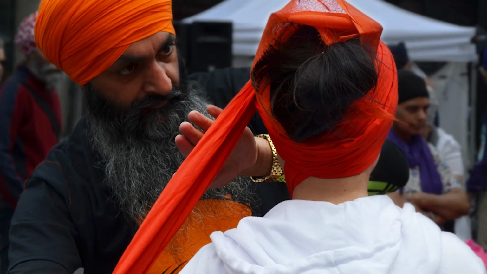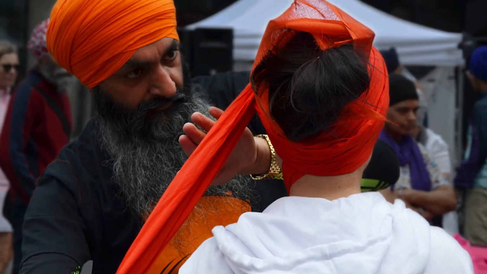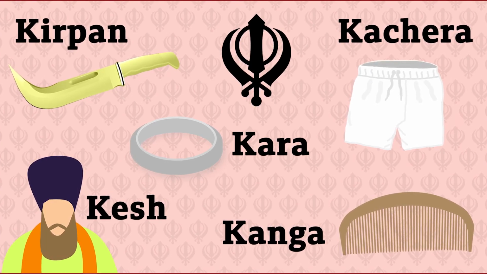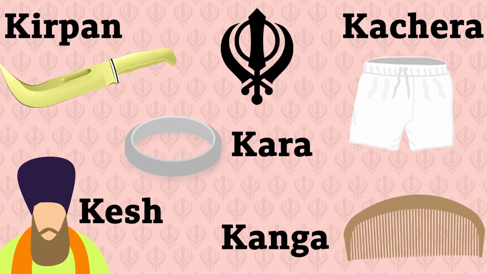The turban is an important aspect of Sikh culture, but it is not in itself a religious symbol. There are 5 special religious symbols, each beginning with the letter K in Punjabi and therefore called the 5 Ks.